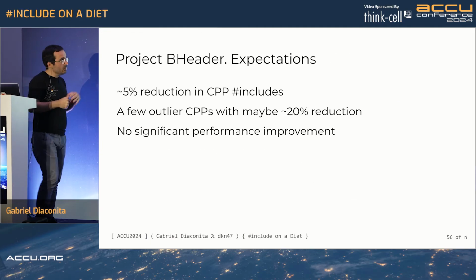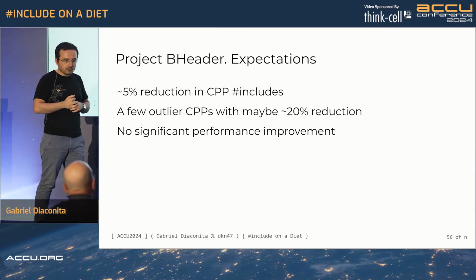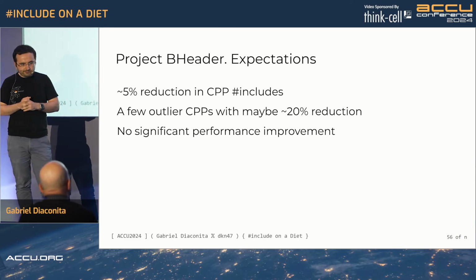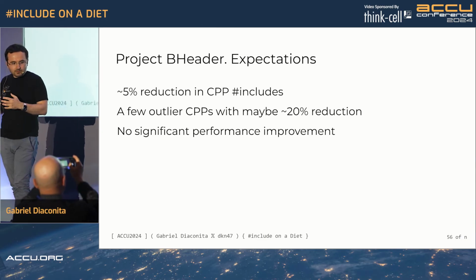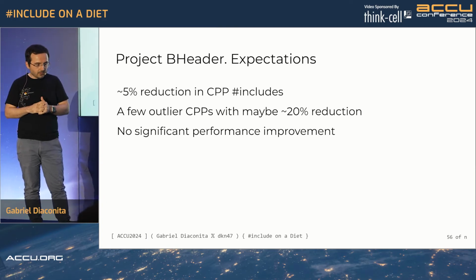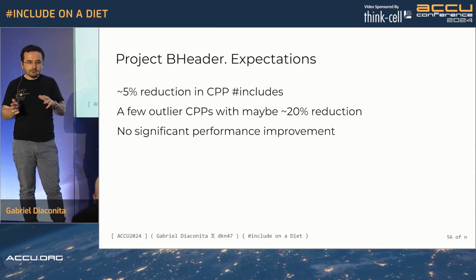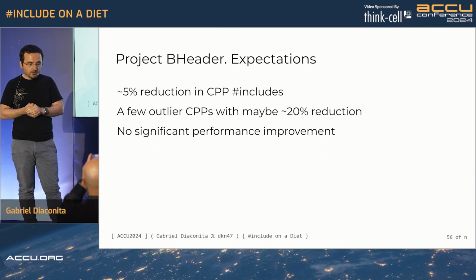So going through all this, when we talked about it inside our team, we were thinking that maybe a 5% reduction. We didn't know the numbers beforehand. And a few outliers, like 20% reduction, let's say, in the list of includes.